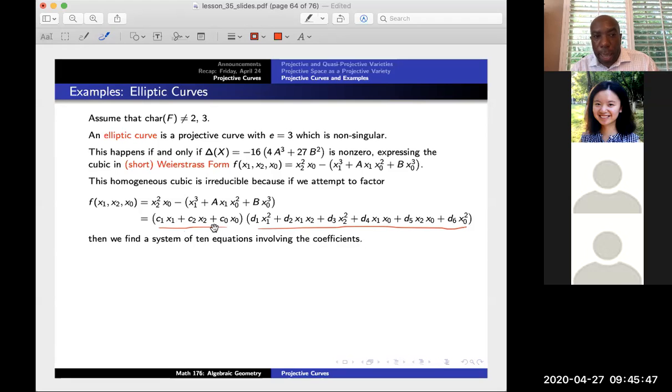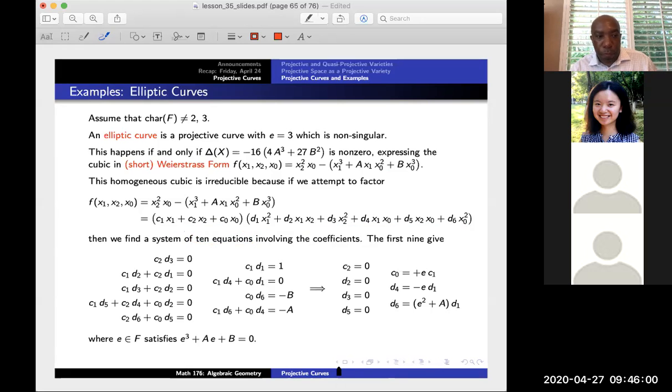So that means that we're going to have conditions on these coefficients, the C's and the D's. It turns out that we will have 10 equations involving these coefficients. So here's the first 9, right? And those would be these equations here. Well, the first 5 here actually force these coefficients to be 0.